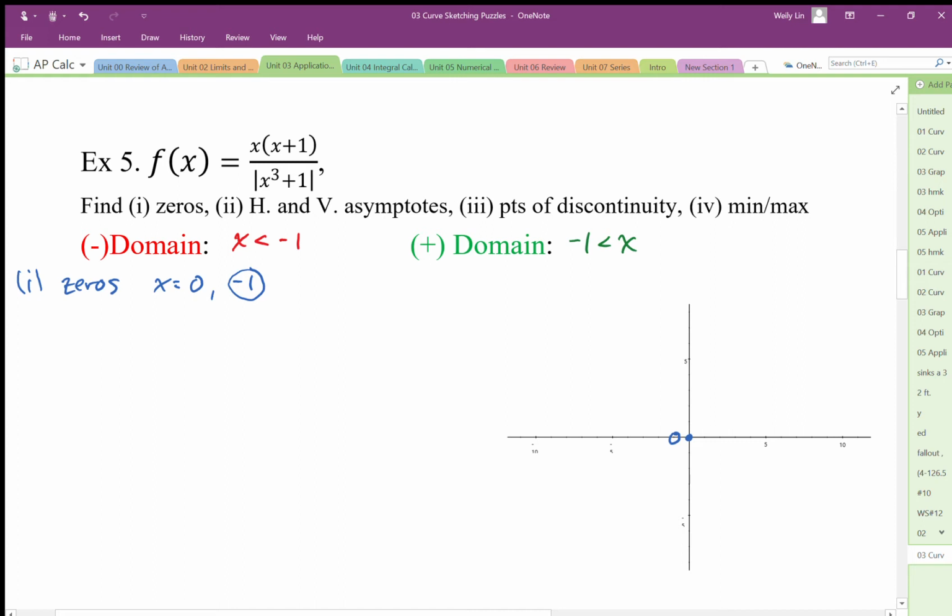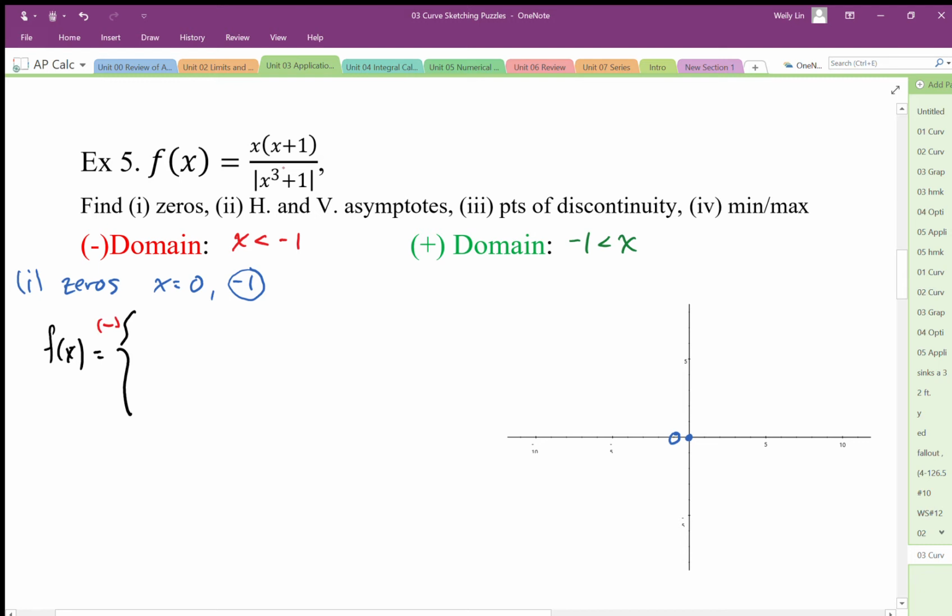All right, so we should really then work out the piecewise function for this. Here's my f of x, and I'm going to have negative and positive parts of this function. I'm going to start off with the negative domain.